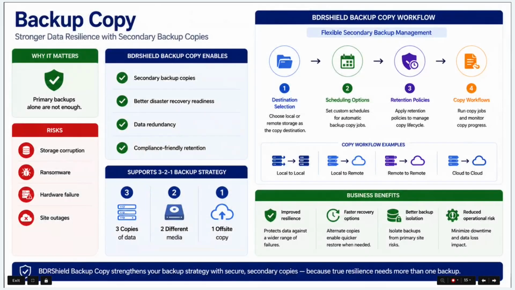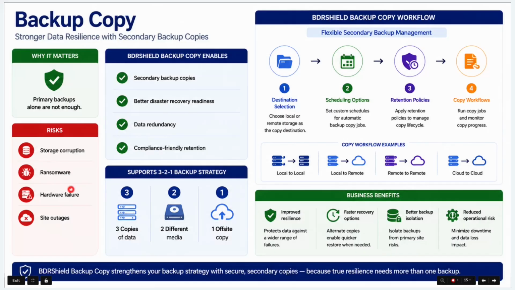See, a backup copy, the redundancy of having a copy of your backup data, is very important, because the primary backups alone would not be sufficient. If the storage where you have stored your primary copy of the backup data is corrupted, or there is a ransomware hit, my dear people, hackers are now targeting the backup storage more. So you have to be very careful in this.